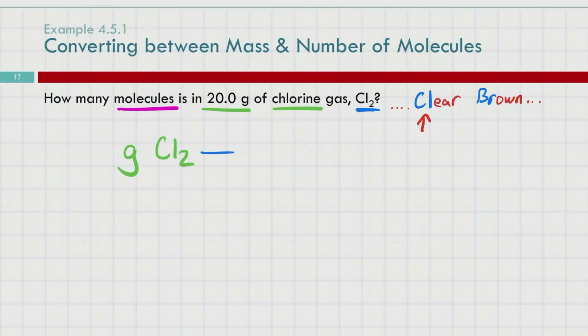We can go from grams to moles. So we can get to moles of Cl2. What do we need to do that conversion? We need our molar mass. 70.90 grams per mole.